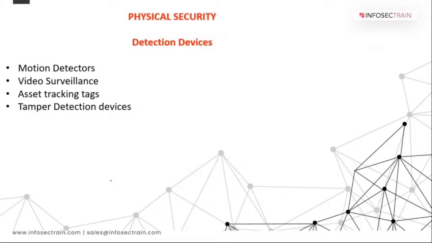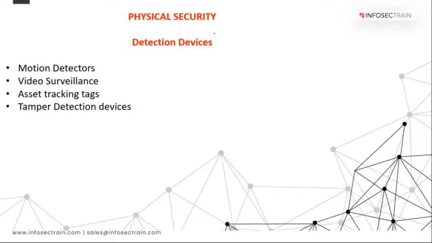Okay. Now, next thing that we have is physical security. Now, what is physical security, guys? Physical security means we are ensuring that your network is physically secure from threats and disasters.